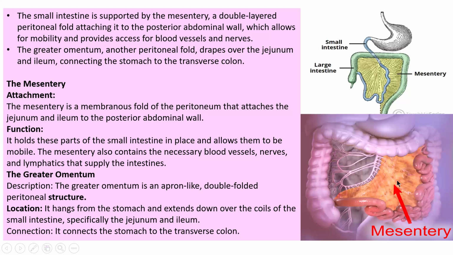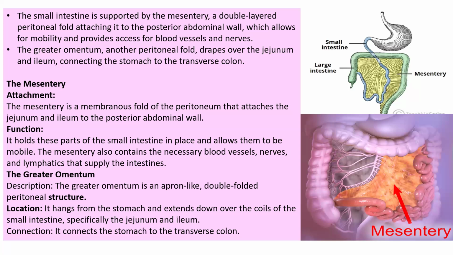Then there is the greater omentum, which is like a double fold. I'm going to show you an image also. Peritoneal structure, location: greater omentum hangs from the stomach. Greater omentum always hangs from the stomach and extends down over the coils of the small intestine, specifically the jejunum and ileum.